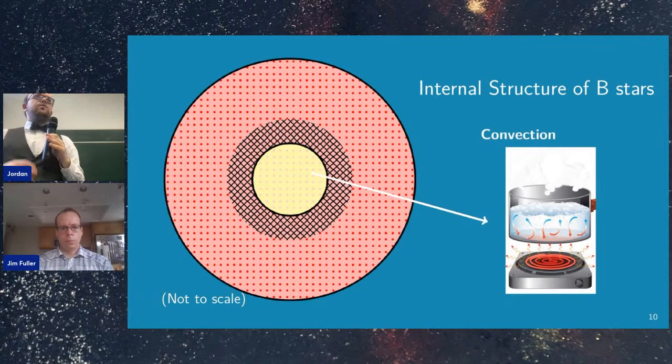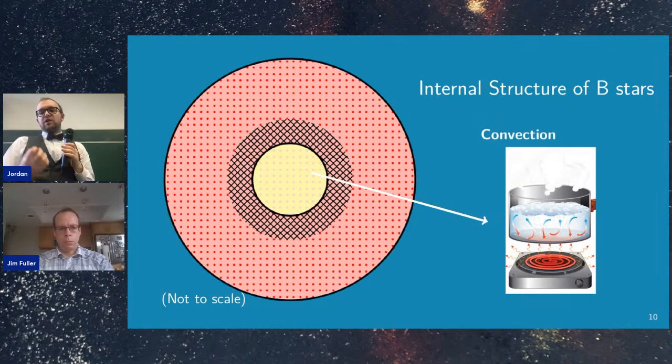So in those cases where this transport is not efficient enough to transport away all of the generated energy, you would have to go to the final potential transport process for energy inside your star, namely convection. And this can really be thought of as analogous to your boiling water.